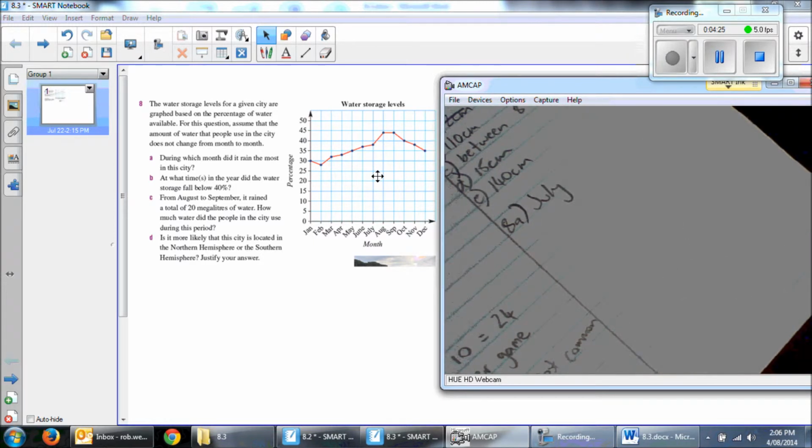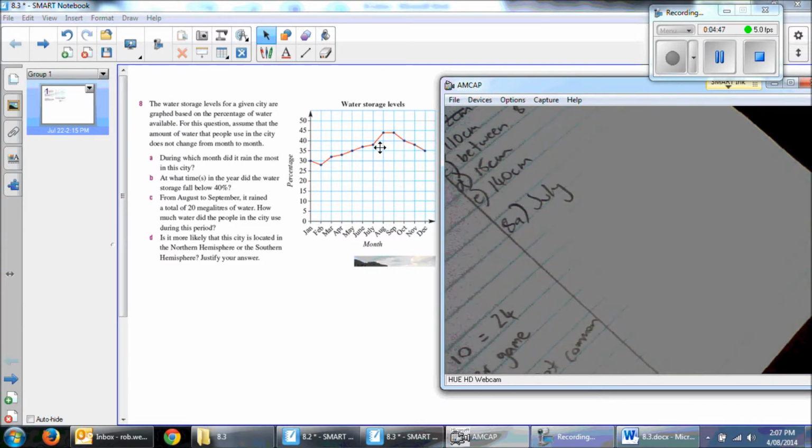B, at what times in the year did the water storage fall below 40%? Okay, so for most of the year, it was below 40%. If we have a look at 40% up here, for most of the months, it's been below 40%.